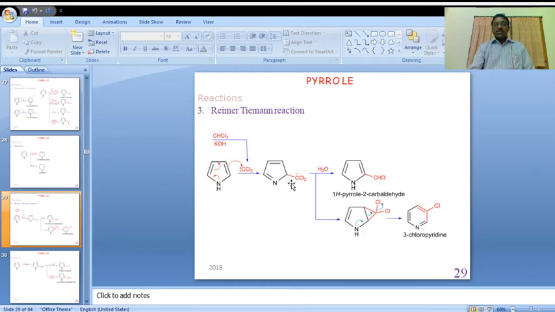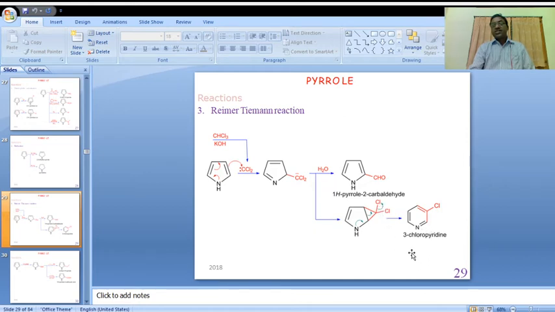In the same reaction, dichlorocarbene attacks on the second position. The same reaction can proceed in another way, by cyclization. Here cyclization takes place. This 5-membered ring is converted into a 6-membered ring, with loss of H and Cl as HCl.